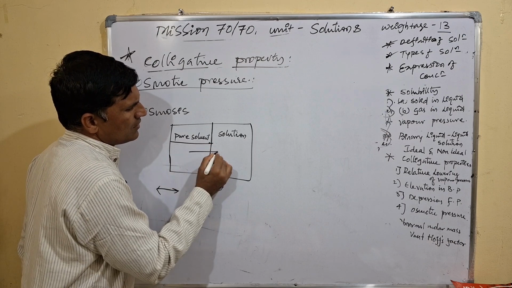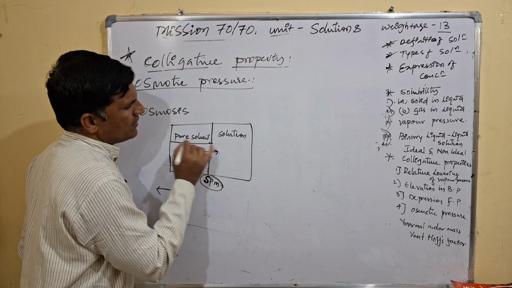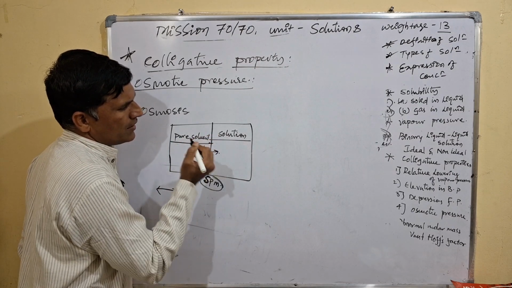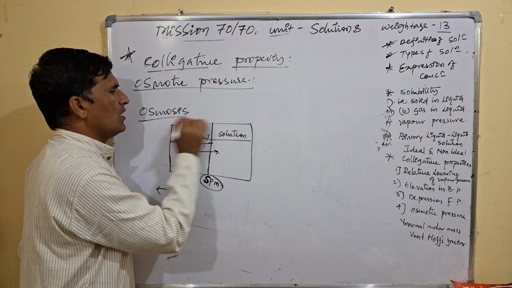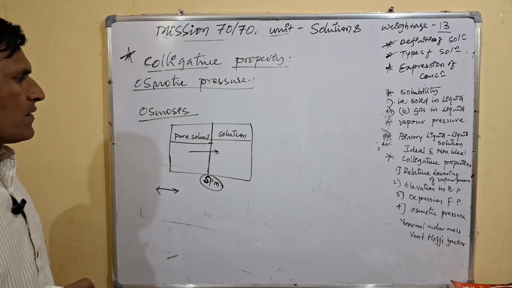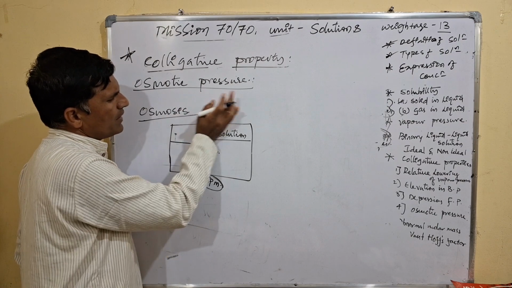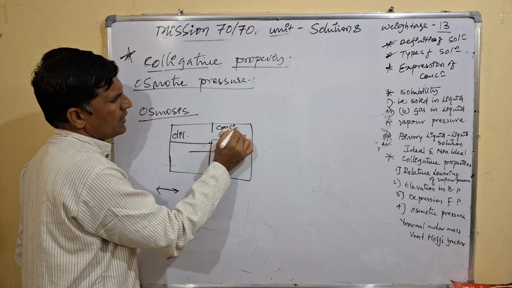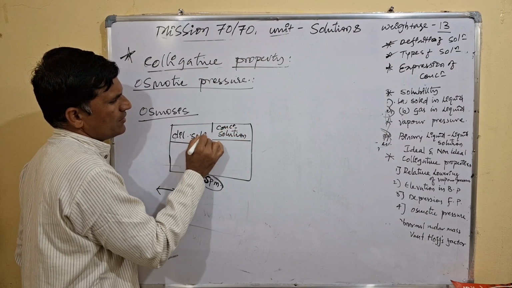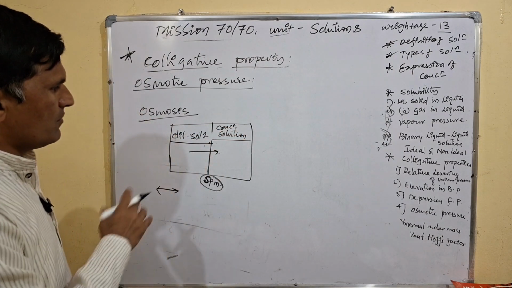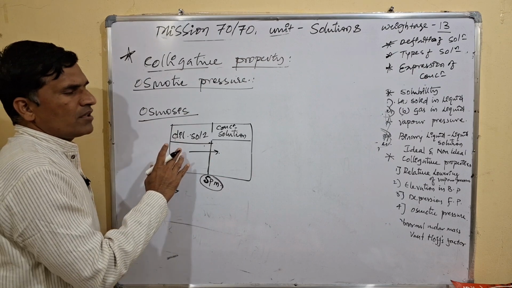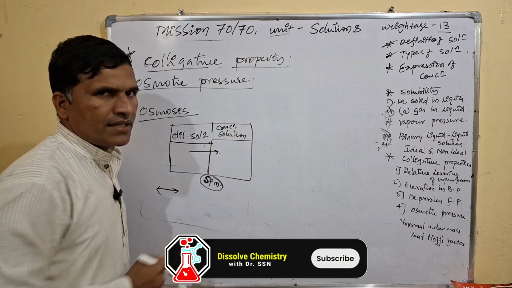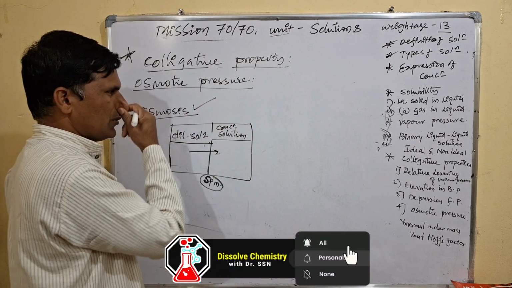The migration of solvent molecules from higher concentration to lower concentration, we call it what? Osmosis. Now, you can take pure solvent or dilute solution on one side, and concentrated solution on the other. Then defining will be very easy. The movement of the solvent molecule through a semi-permeable membrane from a dilute solution to the concentrated solution, we call it what? Osmosis.